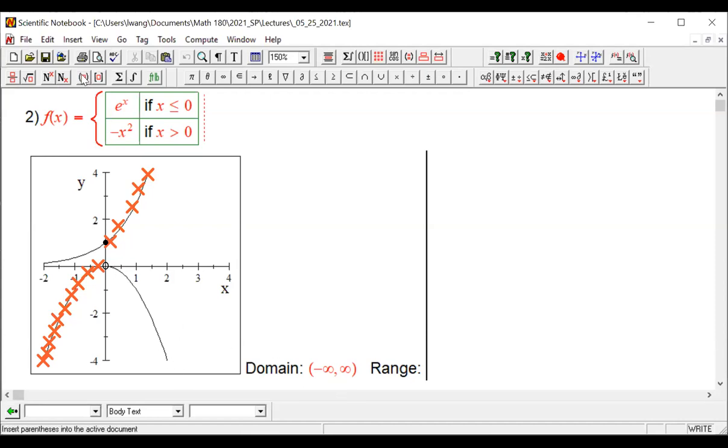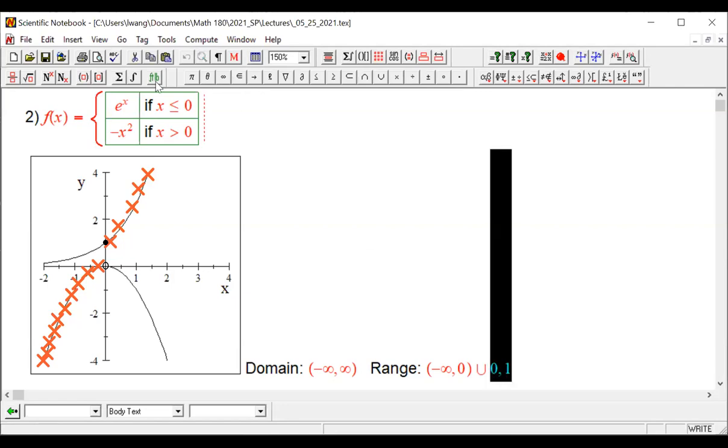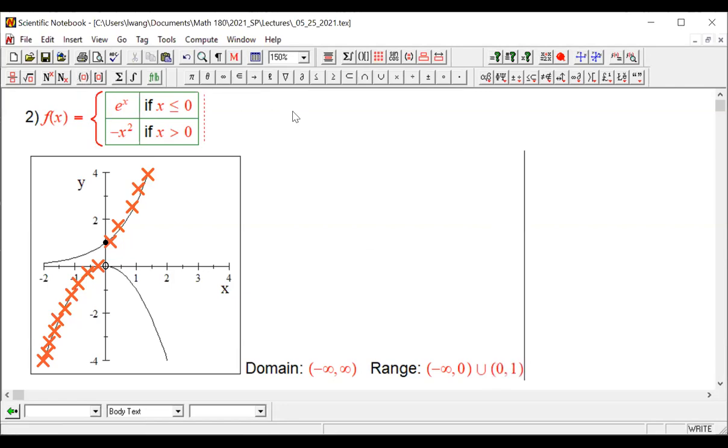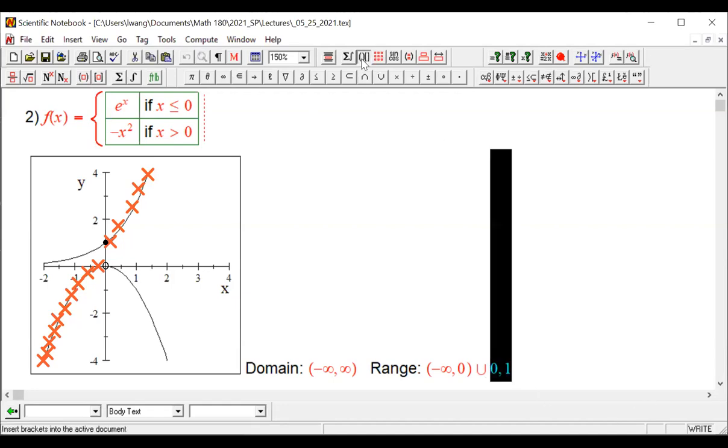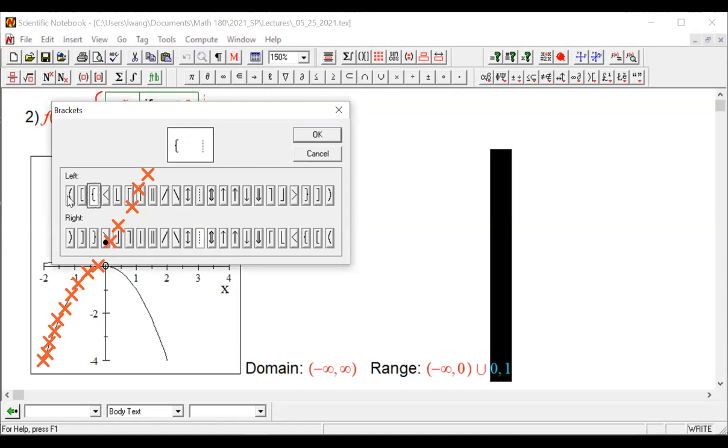So your range will have two pieces: negative infinity to 0, not including 0, union 0 to 1, including 1. Sorry, not written this way. I need a special symbol like that.